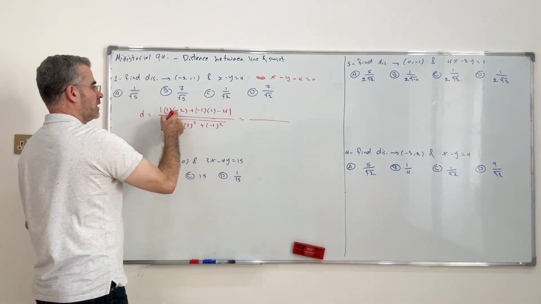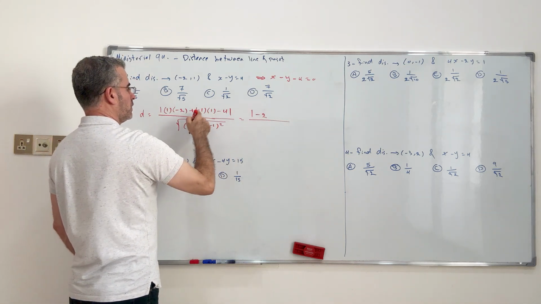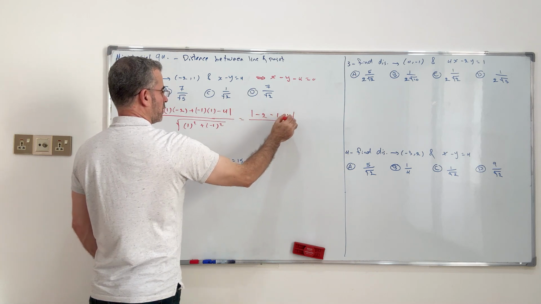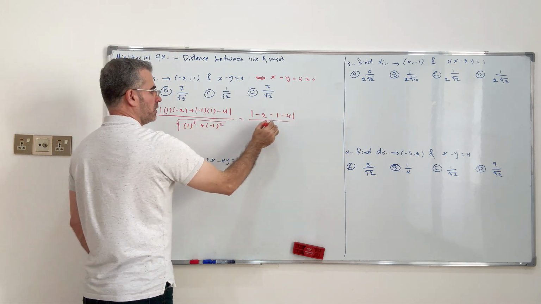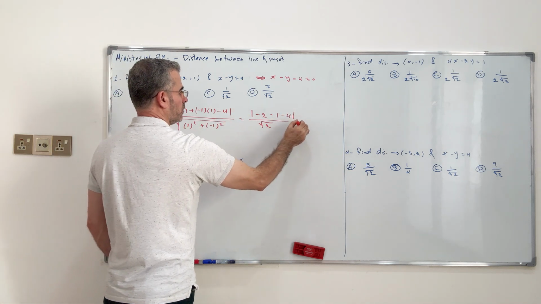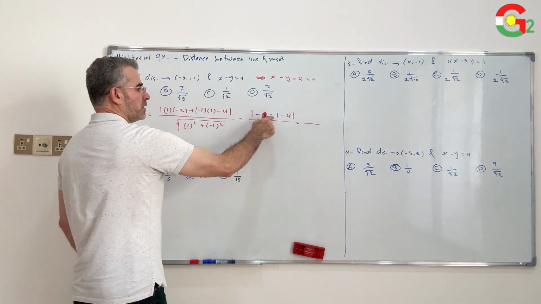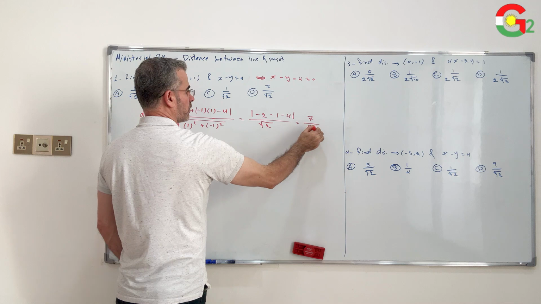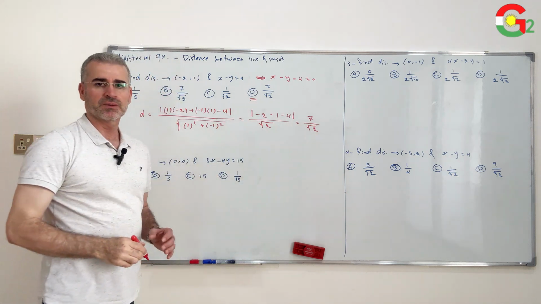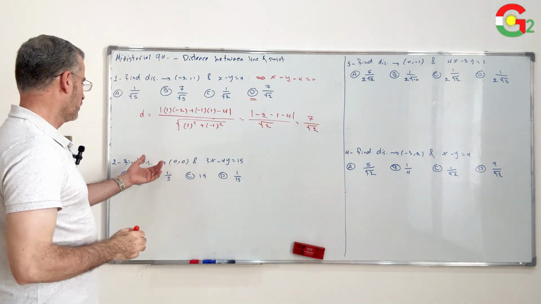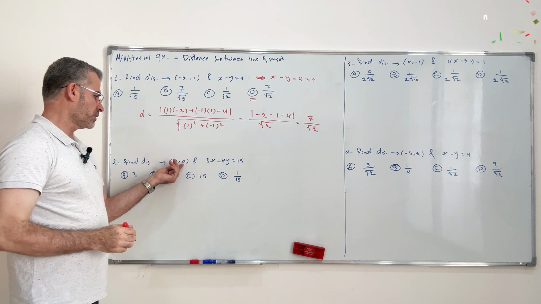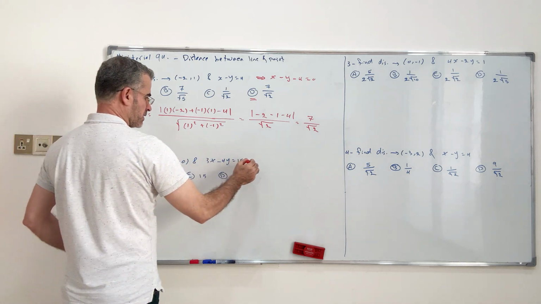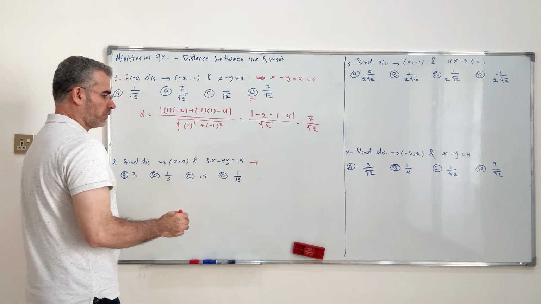Simplify: 1 times negative 2 is negative 2, negative 1 times 1 is negative 1, minus 4, over 1 plus 1, which is 2, square root of 2. The answer will be the absolute value of negative 7, 7 over the square root of 2, choice number D.